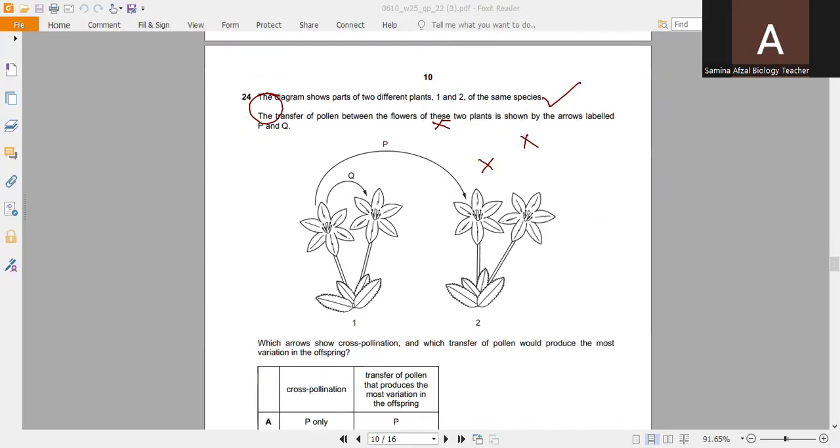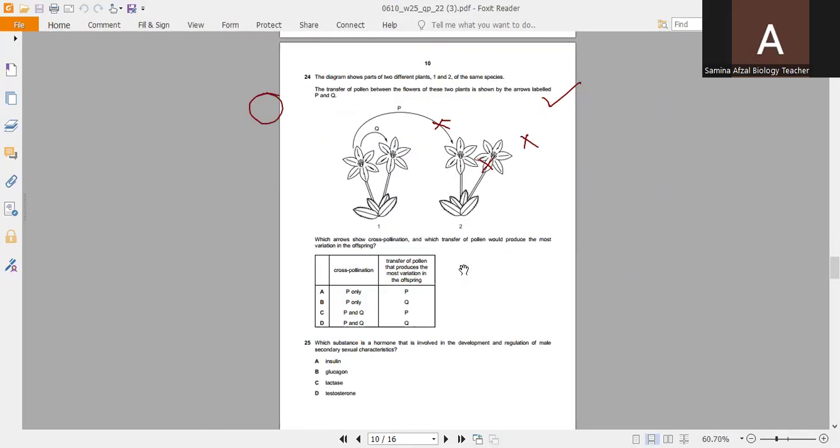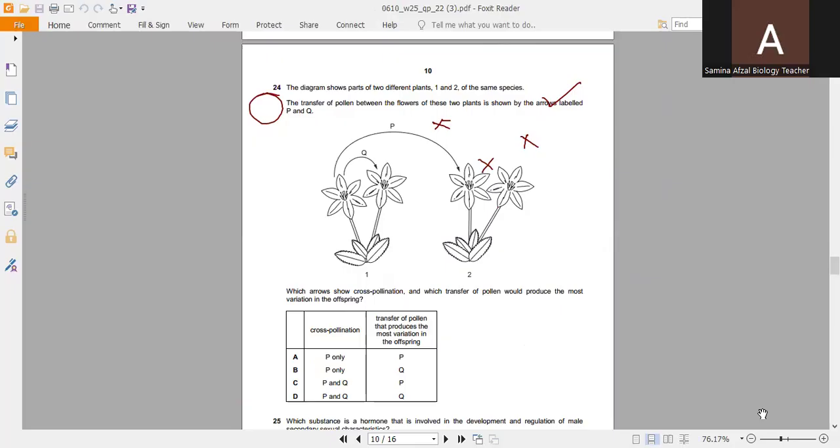Now, question number 24. The diagram shows parts of two different plants, one and two, of the same species.